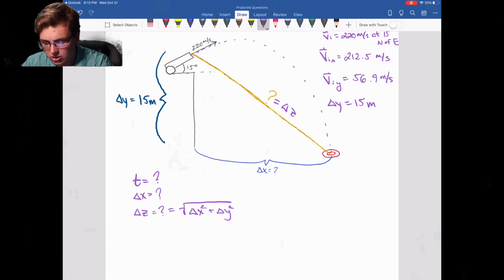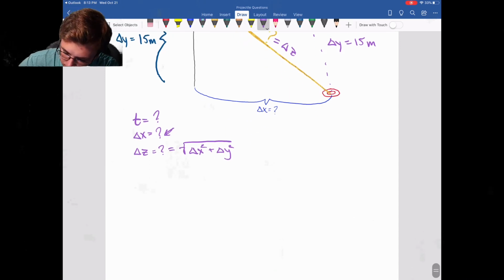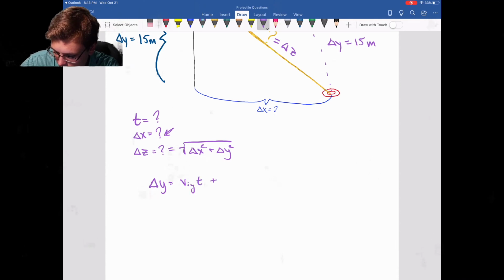Now to figure out our change in x, we're going to need to find our time. The way to find our time is the same way as before: change in y equals v_iy times t plus 1/2 a t squared. Remembering that in the y direction we always have gravity.